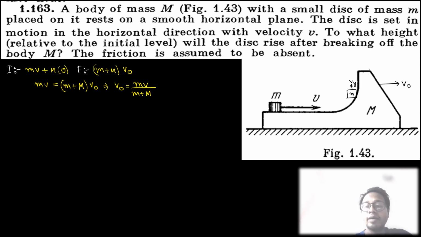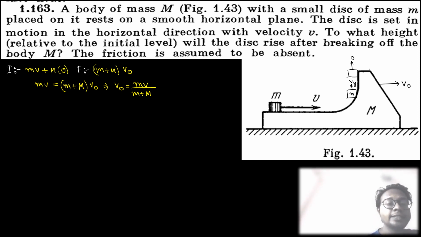At maximum height, the vertical velocity of the block is equal to 0. But there will be some horizontal component of velocity, which is equal to v naught, because there is no force acting in this direction.